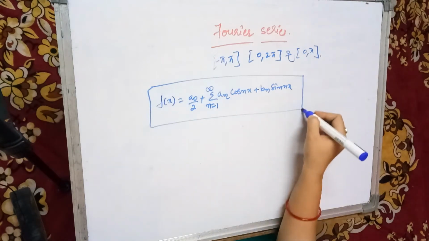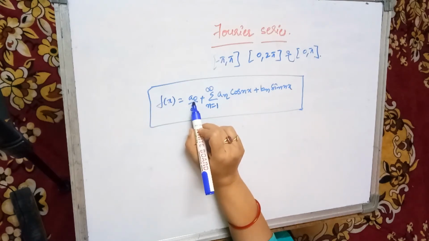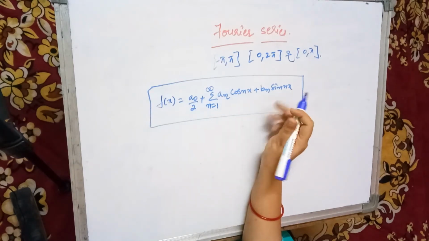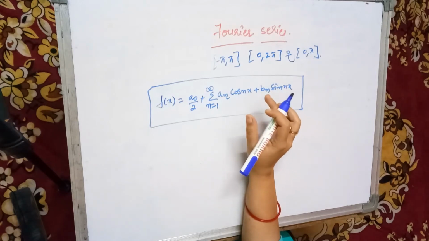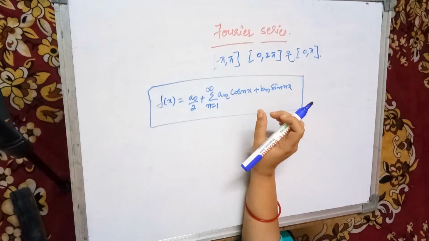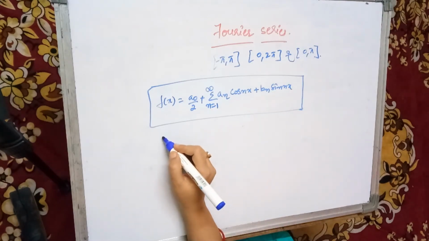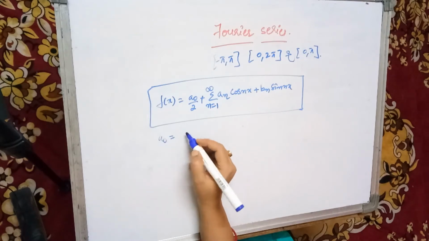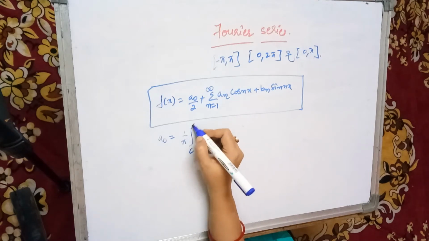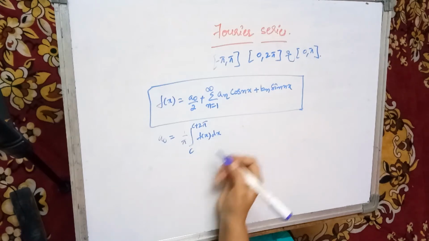You are going to express the given function in this form by calculating the a naught, an and bn values, where a's and b's are constants within a desired range of values of the variable. Such a series is known as Fourier series, where a naught is equal to 1 by pi integrating c to c plus 2 pi f of x dx.